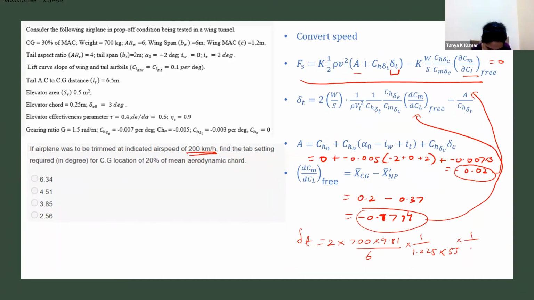1 by CH delta T is minus 0.03. Then CH delta E is, let me erase this and write it clearly.